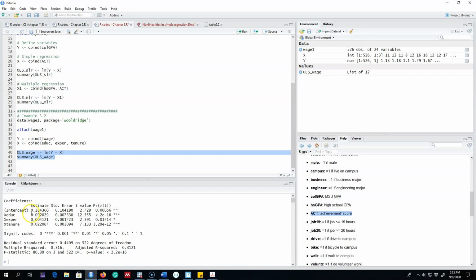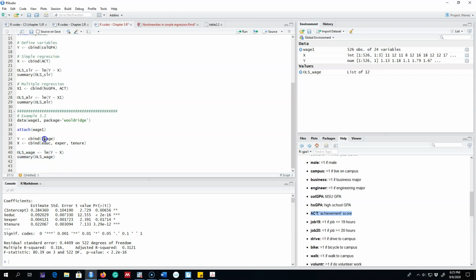So our parameter of interest here is education, because our primary interest is in knowing how education affects wages. What this parameter is telling us is that, holding all other factors constant, that is holding experience and tenure constant, adding 1 year of education increases wages by beta 1 multiplied by 100%.